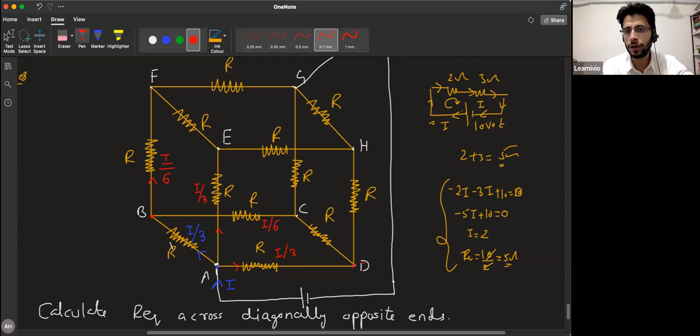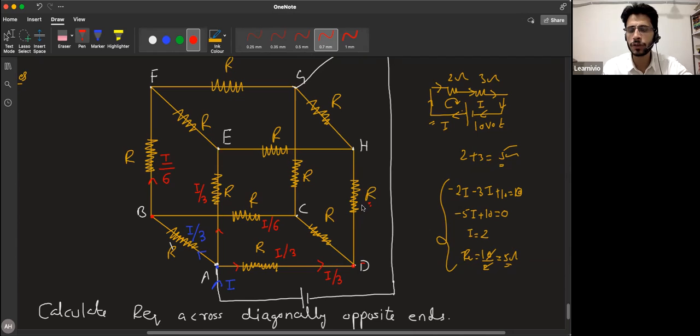Similarly here at point D, the current will divide into 2 parts. Arpit, what current will pass through this R? Akshay, some I by 3 is entering this point D. It divides into 2 parts.